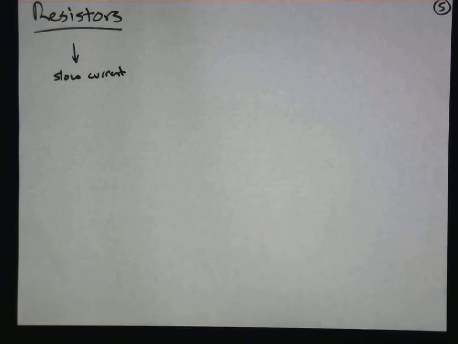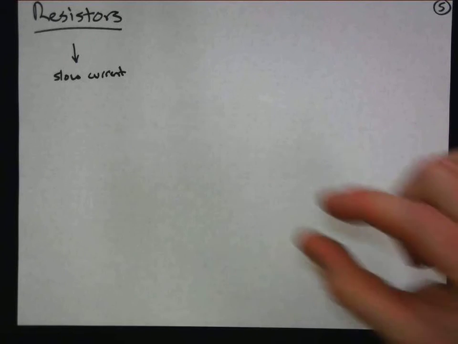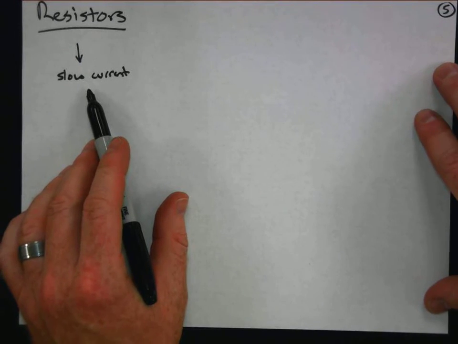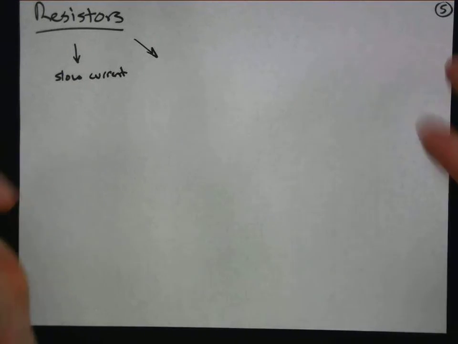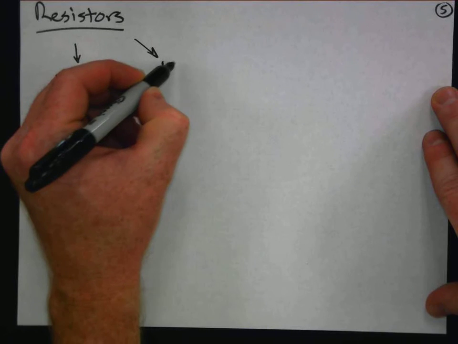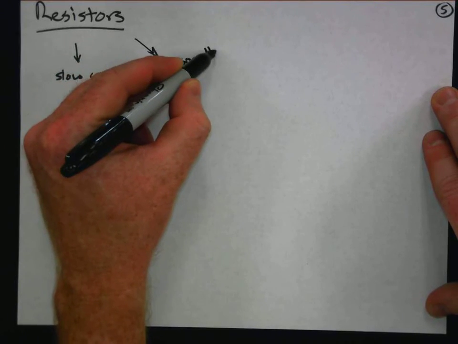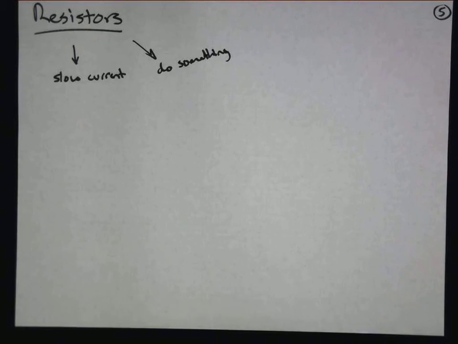That is their only function. So when you hear the word resistors and you're thinking of those little tiny parts inside a circuit, they are just there to control or to slow the current down. But also, some devices that I call resistors are those things that are doing something for you. They're useful. They produce the motion, the light, the sound, or the heat.